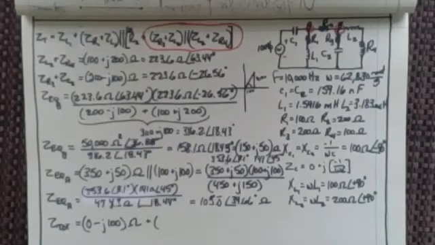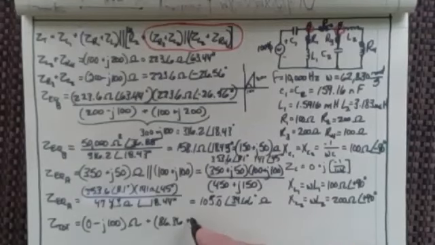So let's do that. 105 times the cosine of 34.66 gives us 86.36. And then if I take 105 and multiply that by the sine of 34.66, I end up getting 59.71.